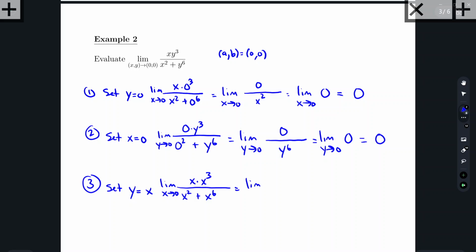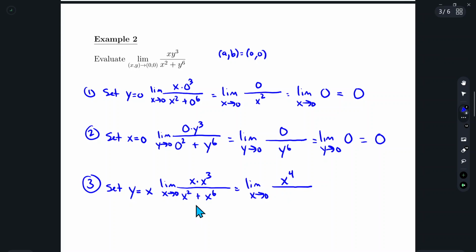Now we simplify. Again, simplify as much as you can before finally calculating the limit at the end. So x times x cubed is x to the 4th, and then on the bottom you can't combine them, so that's x squared plus x to the 6th.